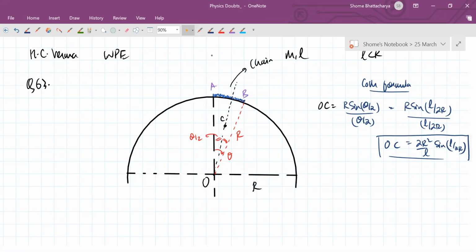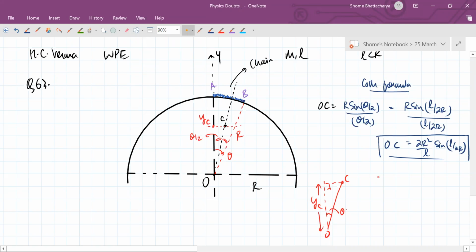So if this is our y-axis, then this point here will be the y coordinate of the center of mass. In this triangle you can see this is the y coordinate of the center of mass and this angle is theta by 2.